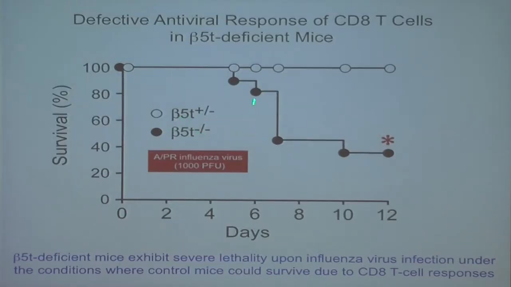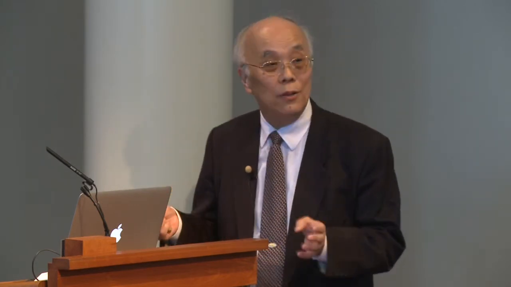However, with beta 5t lacking mice, as you can see here, the mice gradually died. So that means this beta 5t is very important in the maturation of T cell development and T cell repertoire formation.